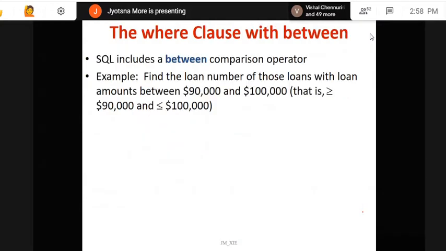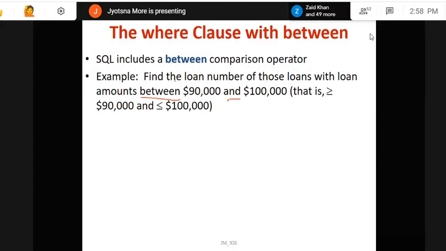Next, sometimes we require the result in between some values. For that purpose, we can use the between comparison operator. The external examiner may ask you about this also. You can use the between keyword with and.